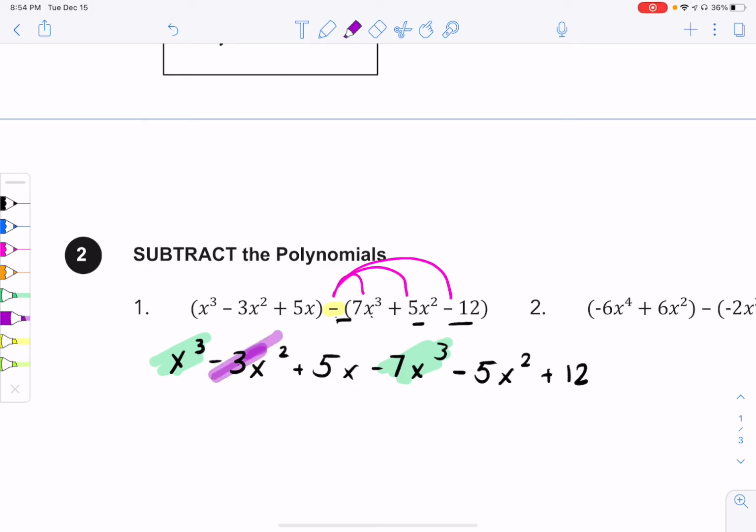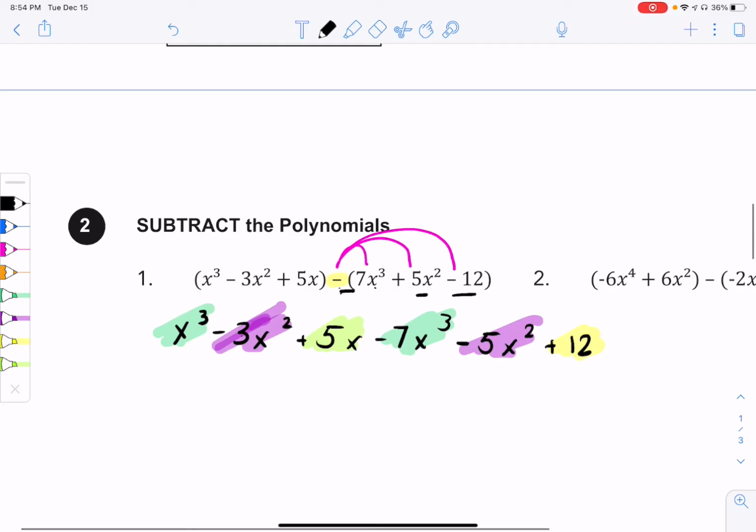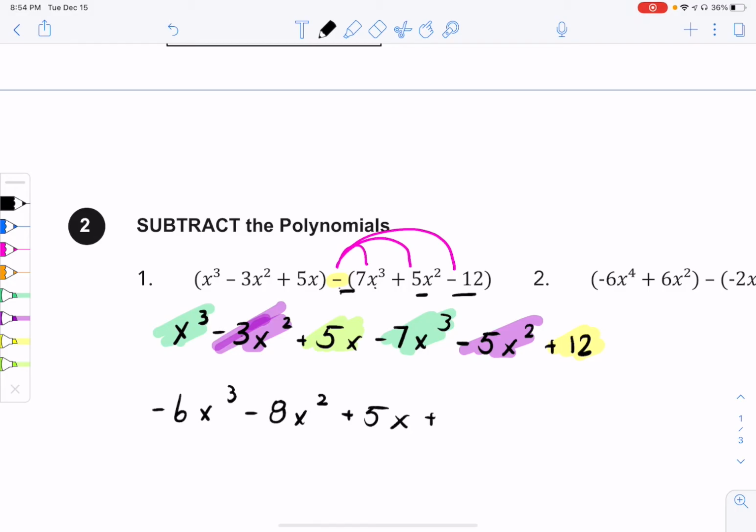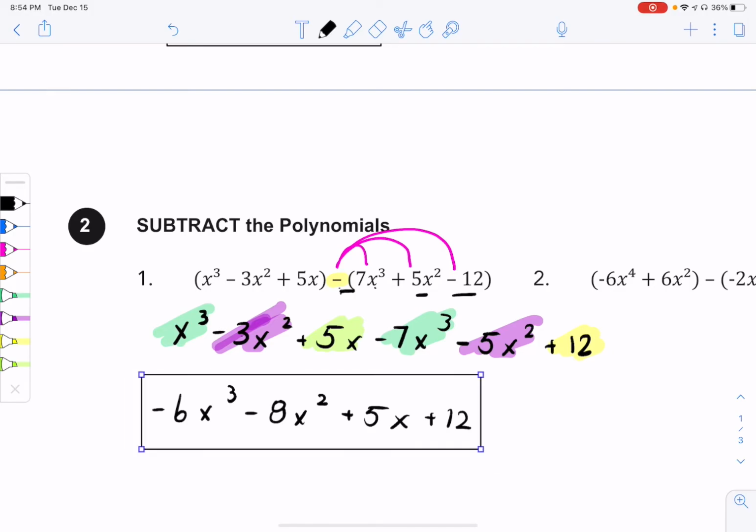I have negative 3x squared, and I have negative 5x squared. Be careful because the next one is 5x, which does not have any like terms, and then we have a constant of 12. When I subtract these, or in this case, when I add them all together, I have x cubed minus 7x cubed, which is negative 6x cubed, minus 8x squared, plus 5x, plus 12. And that's my final answer in standard form.